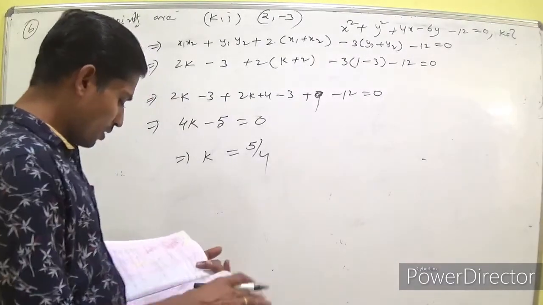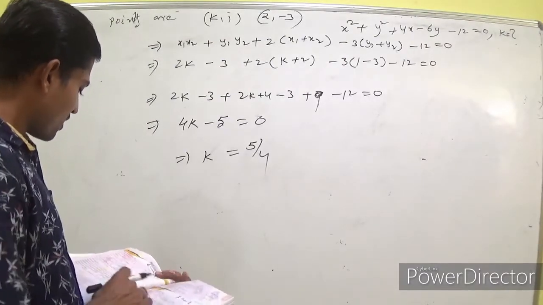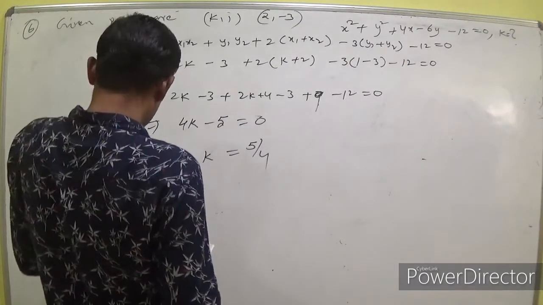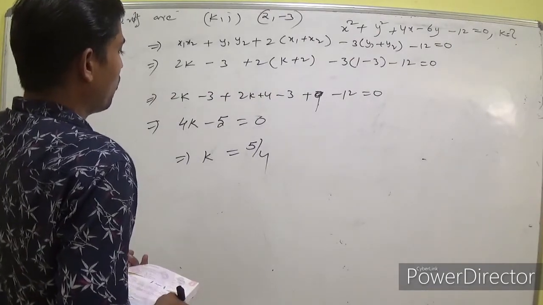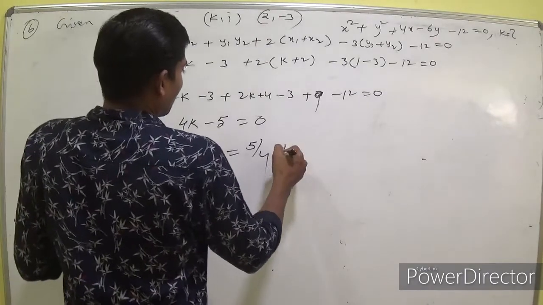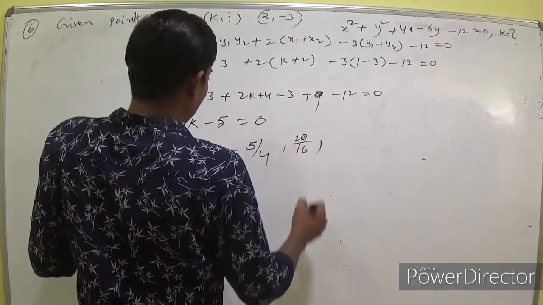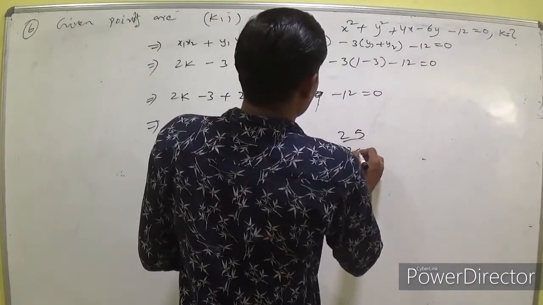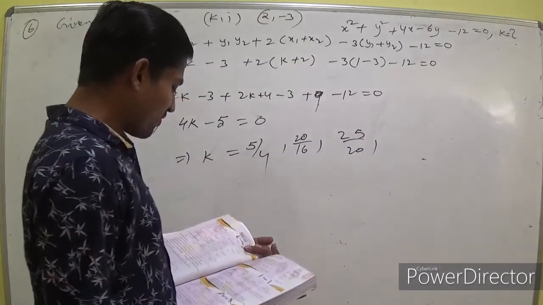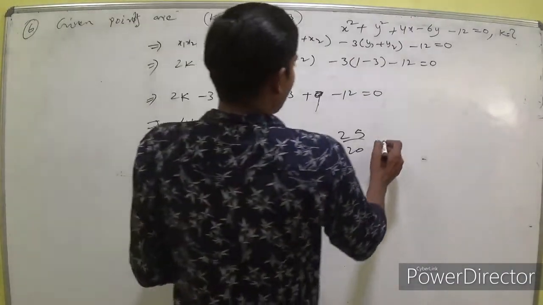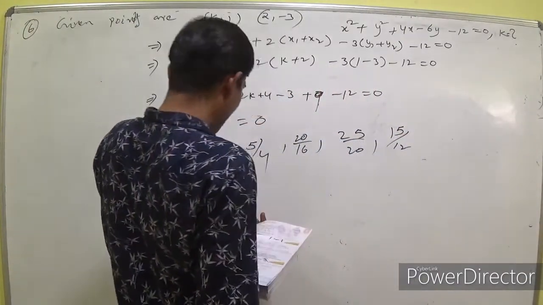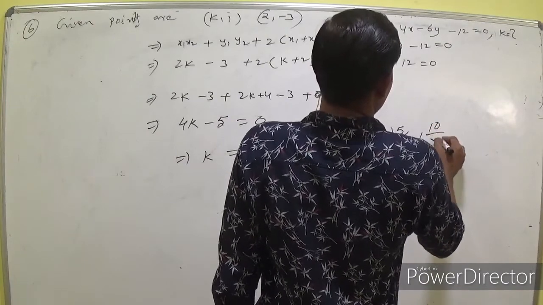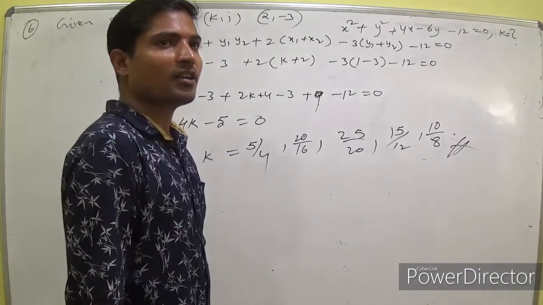Then here, which is a multi-answered one, it can be written as 20 by 16, 25 by 20, 15 by 12, and 10 by 8, which is a multi-answered one.